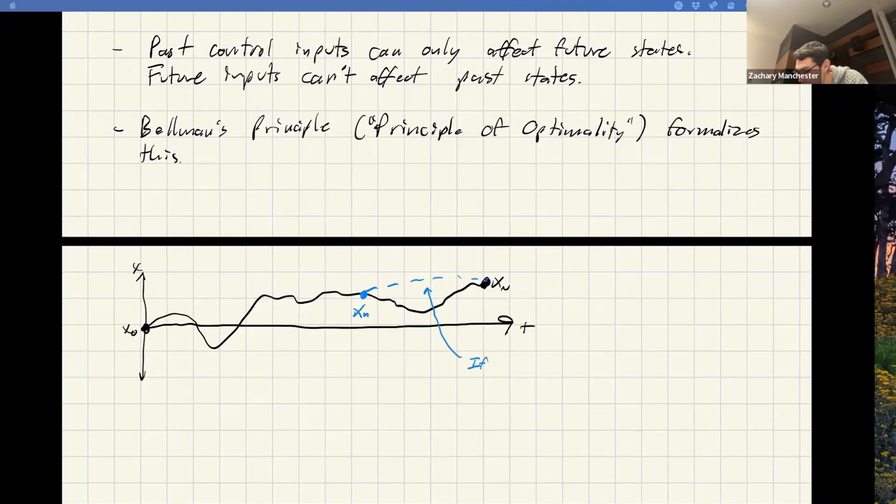So if this path were at lower cost starting at xk, I would have taken it starting from x naught.